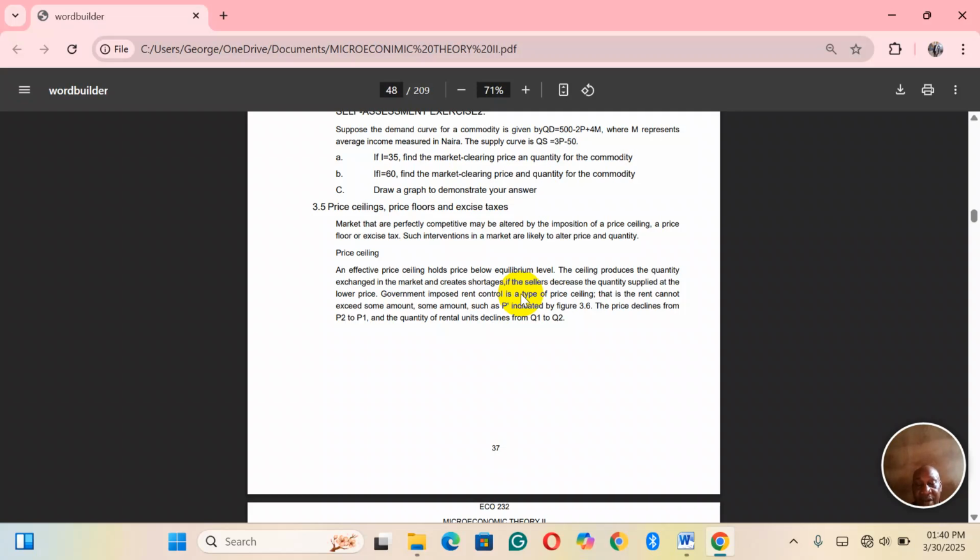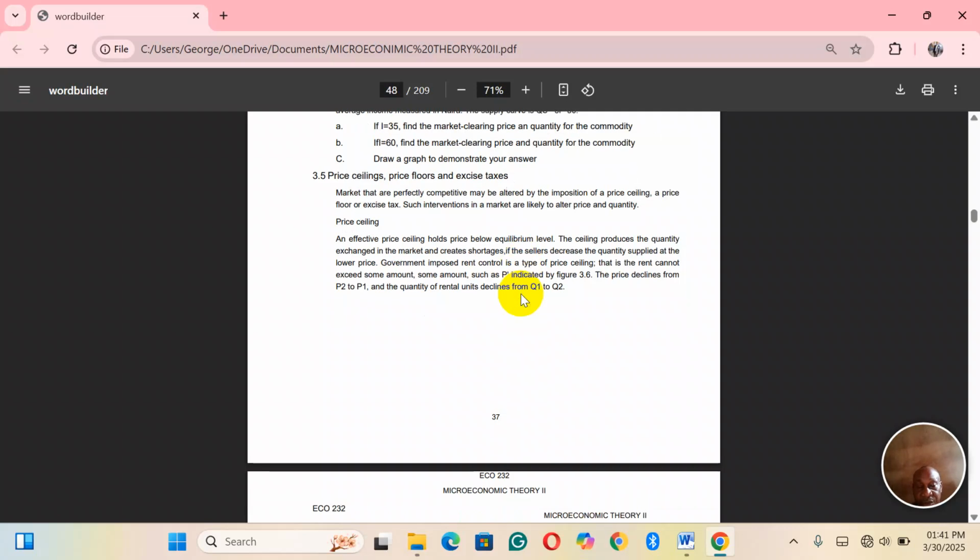That is, the rent cannot exceed some amount, such as P, as indicated by figure 3.6. Then the price declines from P2 to P1 and the quantity of rental units declines from Q1 to Q2.